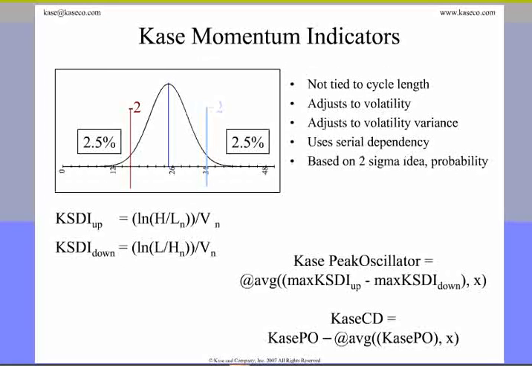Most of you know that the MACD is the first derivative of a simple oscillator. The MACD is a simple exponential moving average oscillator minus its own average. So similarly, the KCD is the peak oscillator minus its own average.